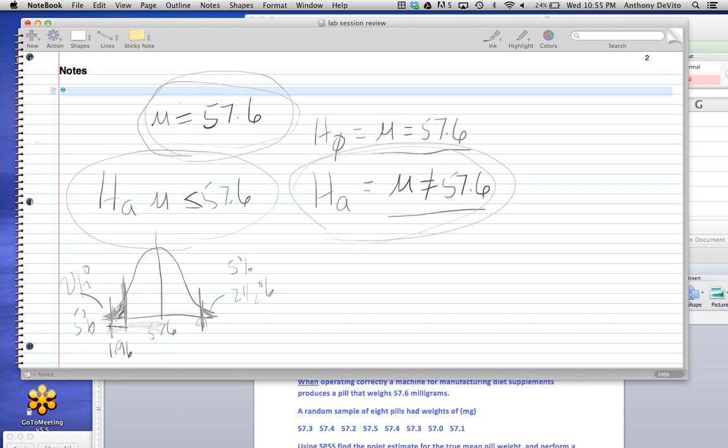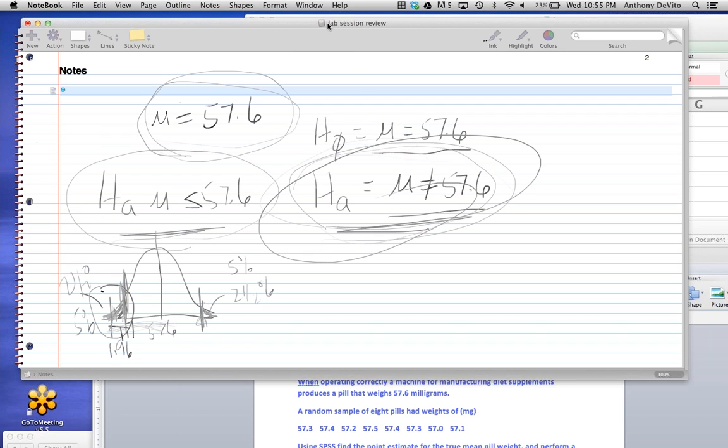But for a one-sided hypothesis, it might only be, say, 1.7. So it doesn't have to be as different for me to reject the null hypothesis and accept the alternative for a one-sided hypothesis than for a two-sided hypothesis. Don't worry about this too much, because most of the time you're going to be working with two-sided hypotheses like this. Okay, so let's give it a try.